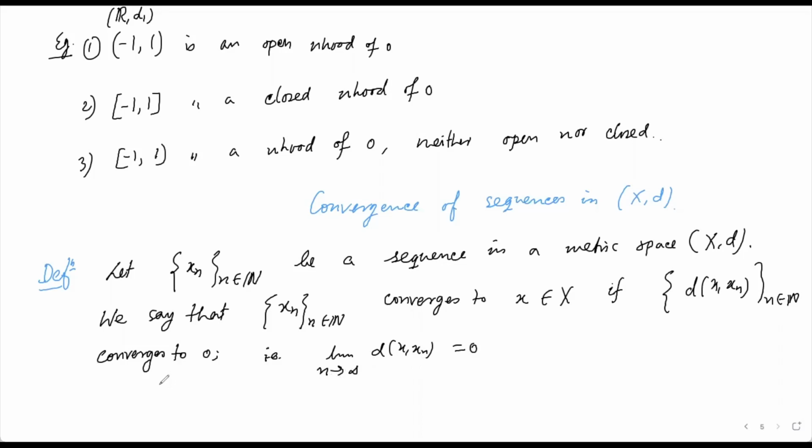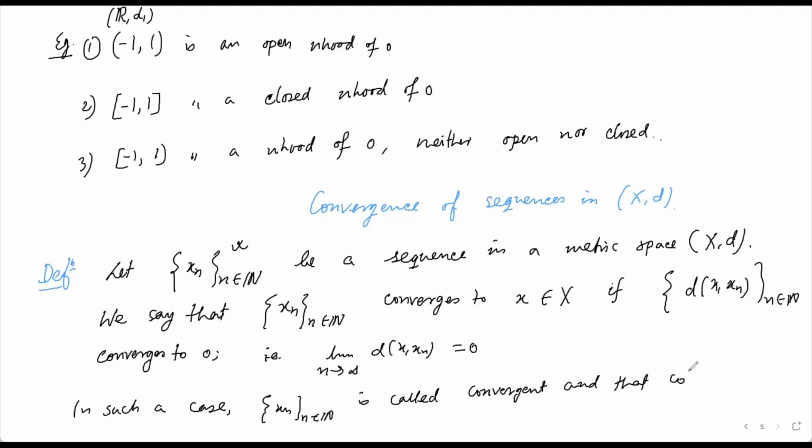And in such a case, the sequence x_n is called convergent, and it converges to x.